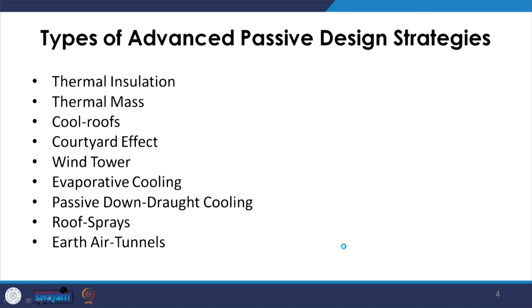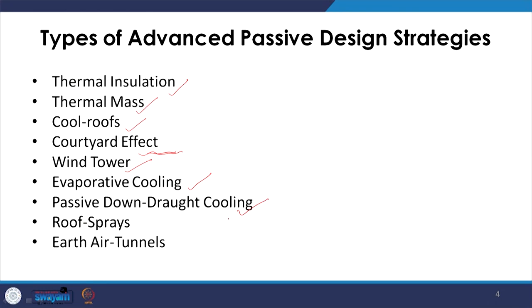So, here we will look at thermal insulation, thermal mass, cool roofs, the courtyard effect, which has already been taken as a passive design strategy, but it is an advanced passive design strategy if we club it with a little bit of mechanical, forced ventilation. Wind tower is an advanced passive design strategy, then evaporative cooling, passive down draught cooling, which is very similar to wind towers, roof sprays and earth air tunnels.